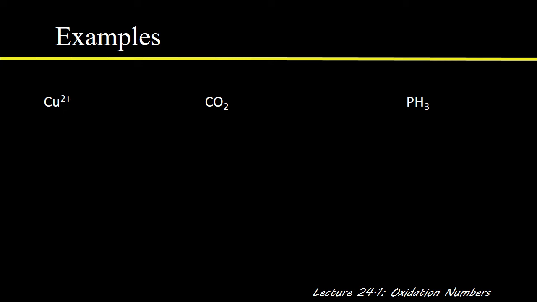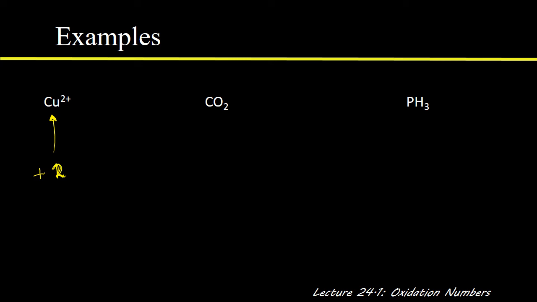Okay, so this is pretty simple, right? This goes by our second rule, I think. Any monatomic ion, the charge or the oxidation number is just the same as the charge. So in this case, the oxidation number for copper is just +2, just that simple. Okay.